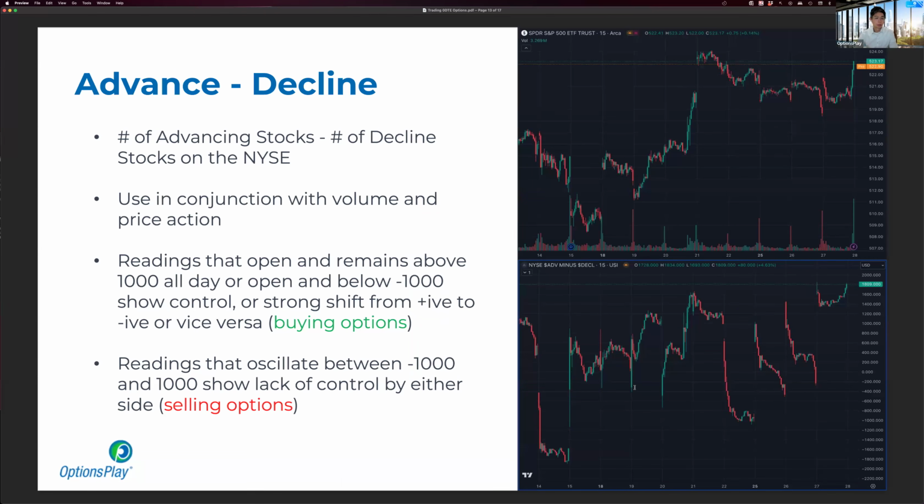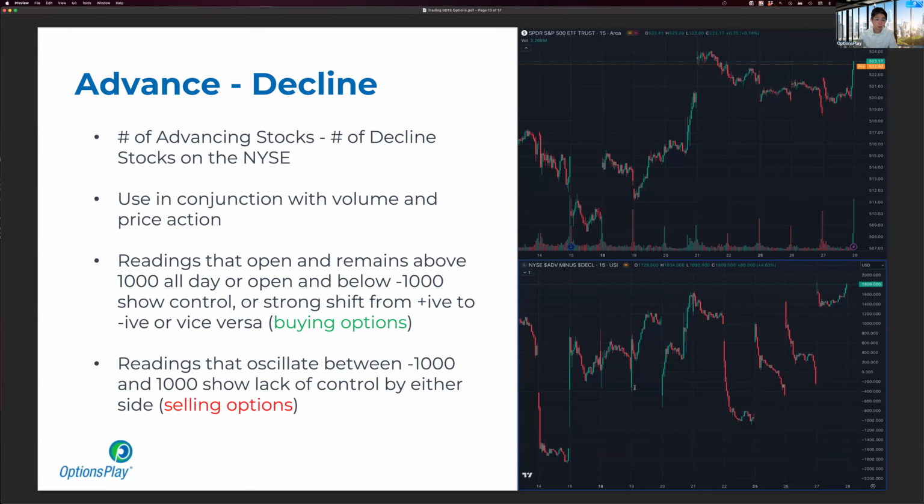Another very popular, probably the most popular market breadth indicator is what we call advance decline. And this is simply subtracting the number of declining stocks in the NYSE from the number of advancing stocks on the NYSE.